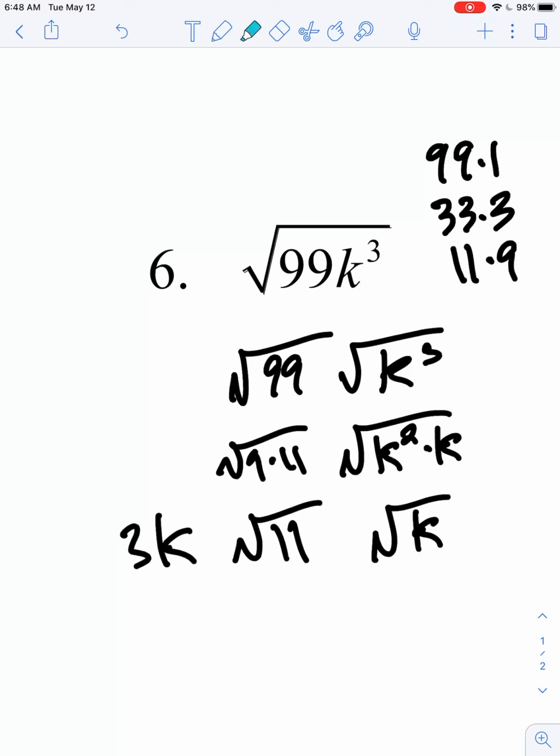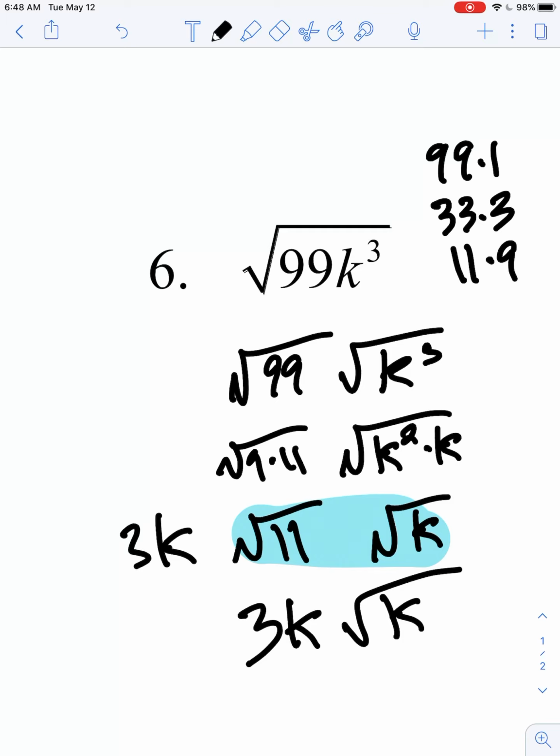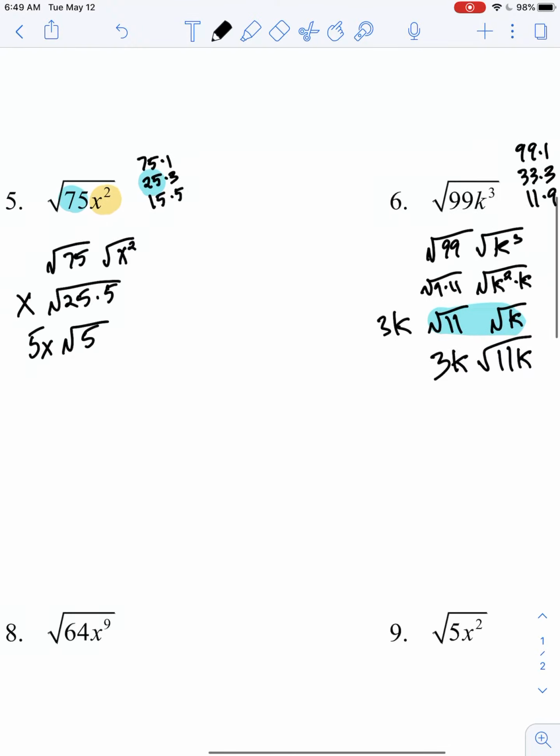Now we've got to smush these together, and we smush these together by leaving the 3k on the outside. Square root of, sorry about that, not k, square root of 11 times k. There you are, folks.